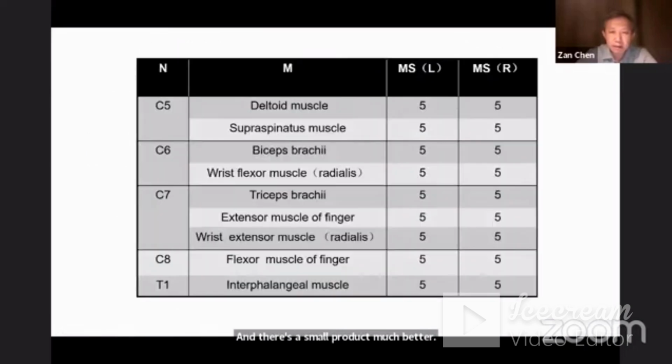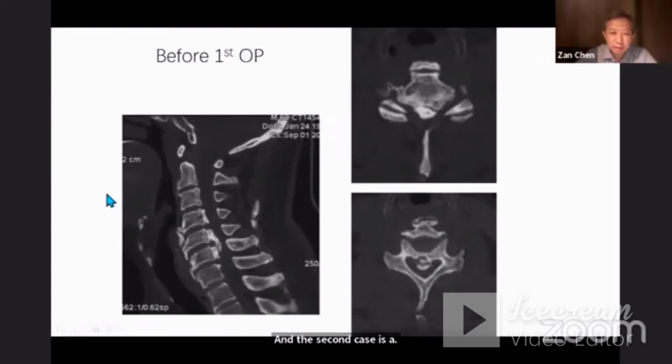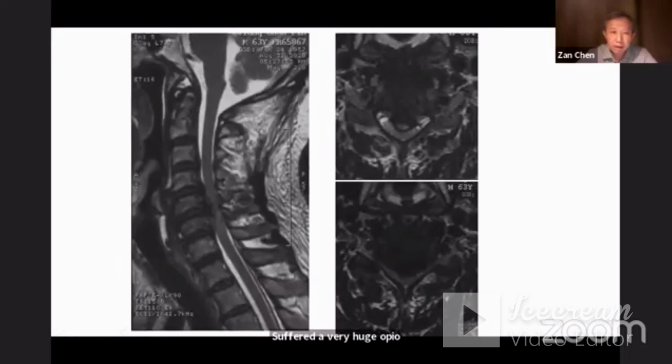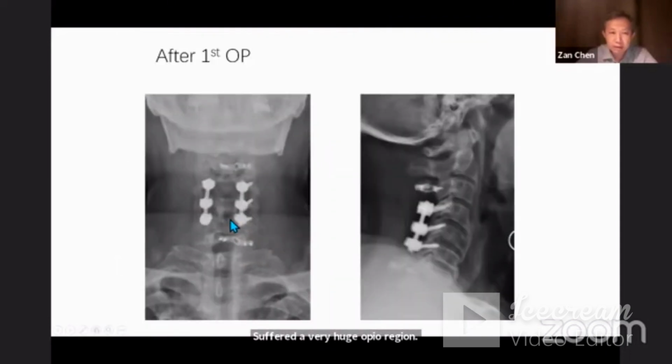And the second case is also a male who suffered a very huge OPLL lesion. MRI showed the spinal cord is compressed. He had undergone posterior decompression and fusion technique.